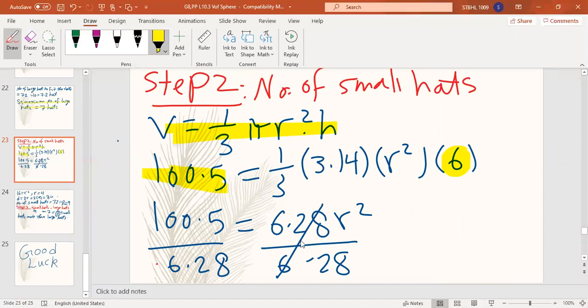All of this will give you 6.28. And teacher, I need to isolate r squared. So I'll divide both sides by the coefficient of r squared, which is 6.28, and 100.5 divided by 6.28 is 16. So r squared equals 16.